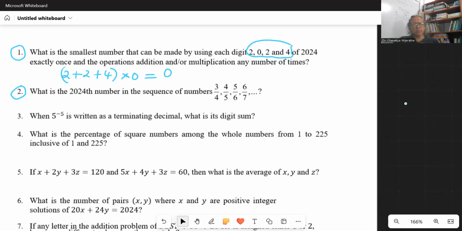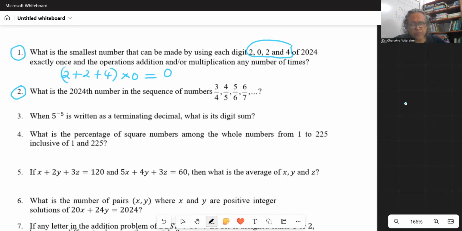Now you can see that there's a pattern, right? So we need to count the 2024th term in the sequence. Now it is easier, and this is just one way.